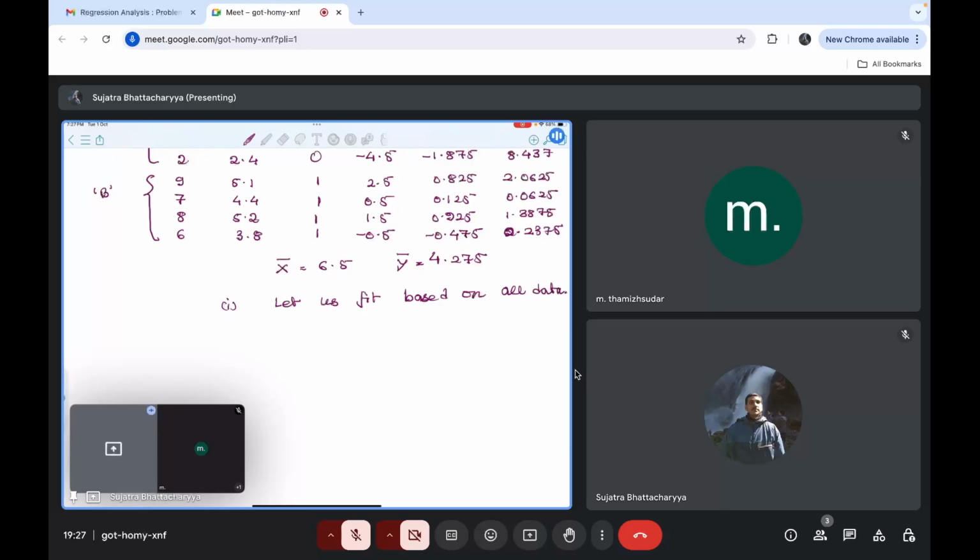For that, we will be using y equal to beta naught plus beta 1 x plus epsilon. And the fit will be y hat equal to beta naught hat plus beta 1 hat x.